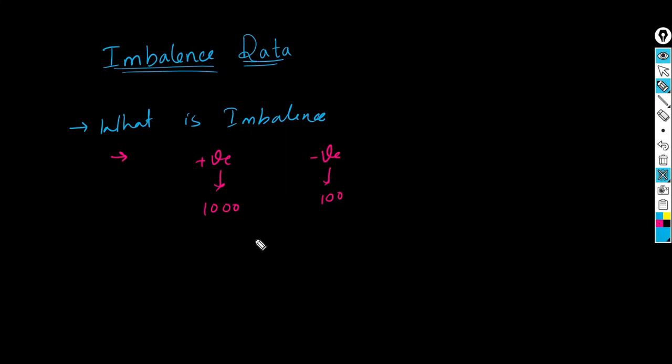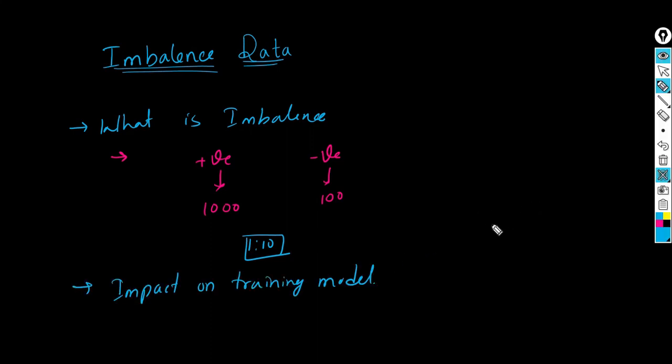In this scenario, we have a 10:1 ratio of positive to negative points. At that time we will say this data is imbalanced data. That means generally if the data for one class is much more than for the other class, then it is imbalanced data. And let's see how it affects the model.